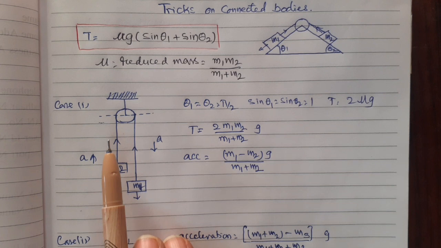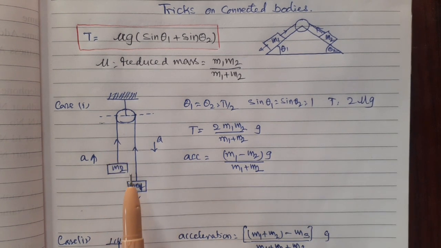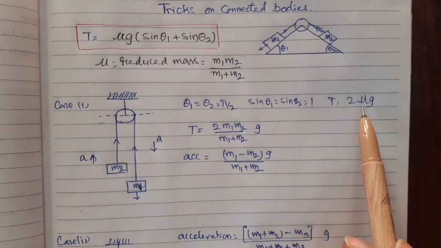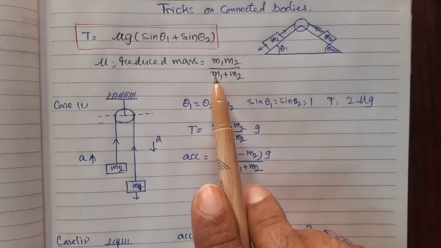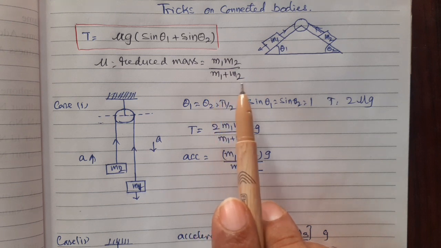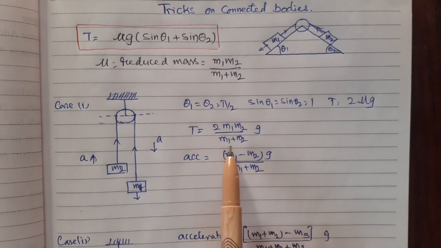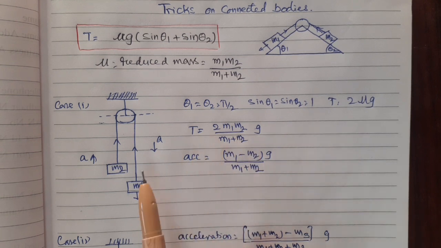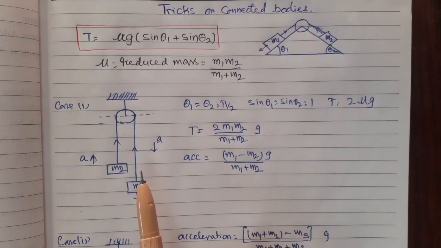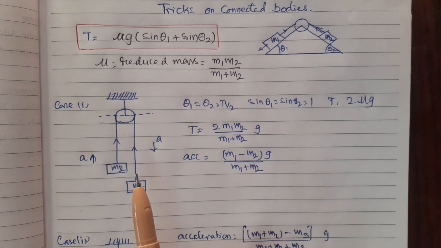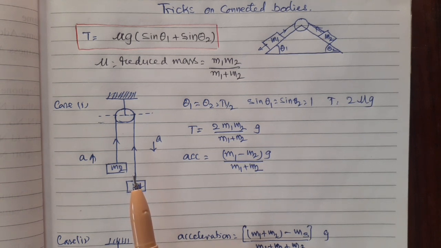Now what about the tension in this string? The reduced mass is m1 m2 by m1 plus m2. Therefore the tension is equal to 2 m1 m2 by m1 plus m2 into G. And what about the acceleration? Acceleration is calculated by taking the difference between the forward force and the backward force, divided by the total mass.